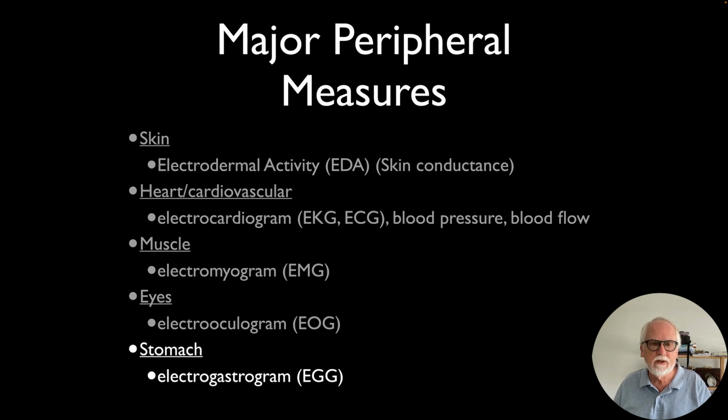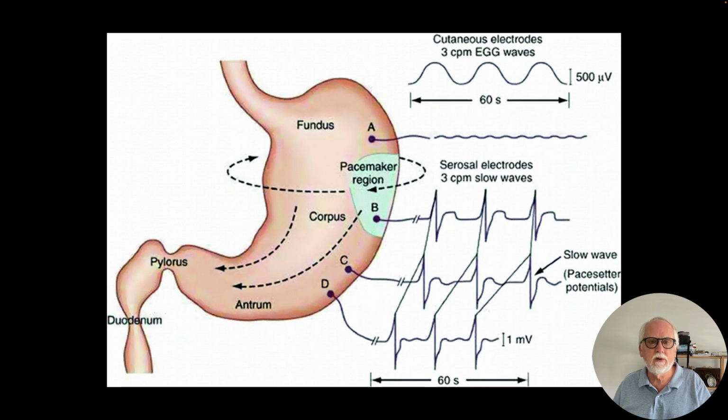And then another kind of peripheral measure would be to measure stomach activity. Yes, you can actually measure how the stomach is digesting food through what's called an electrogastrogram. So again, you put some electrodes on the surface of the skin, down over your belly, near your stomach. And what happens is, as your stomach is digesting food, it very slowly cycles. It creates these EGG waves that are very, very slow, 3 times per minute. And then they change when you're more active or more stressed versus more relaxed.